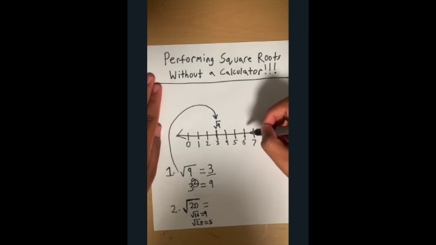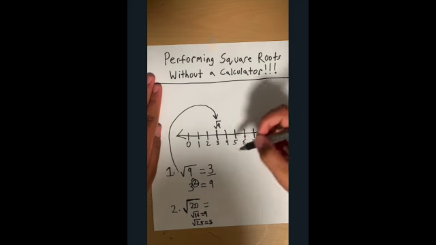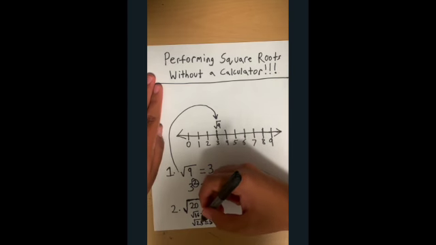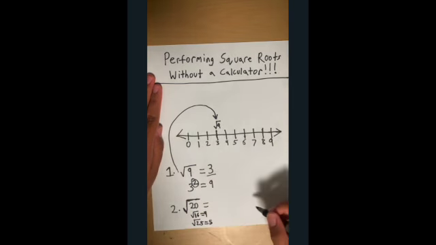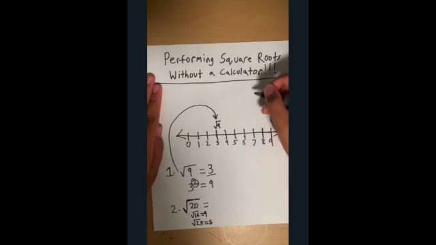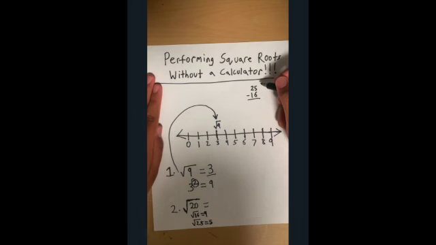Now to figure out exactly where it is going to be, I know that from 25 and 16, up here, 25 and 16, if I were to subtract these two numbers, I would get 9.